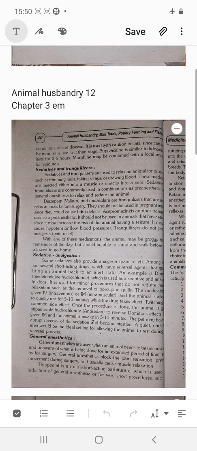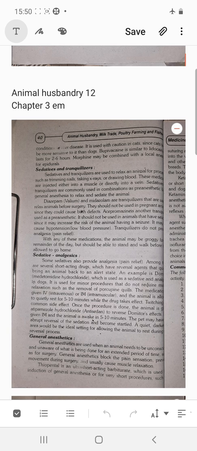For certain procedures, local anesthesia may be used to decrease the amount of general anesthetic needed and speed up recovery time. So these are the simple notes about local anesthesia.